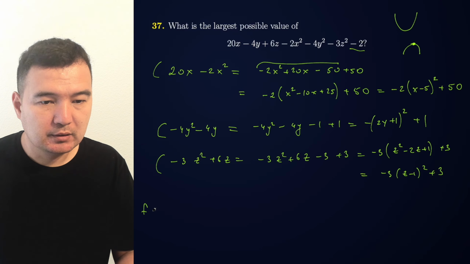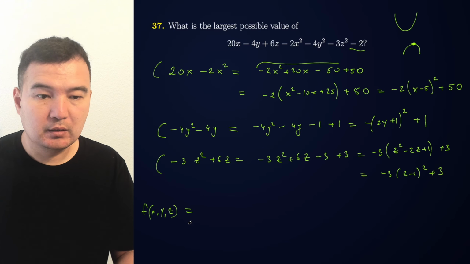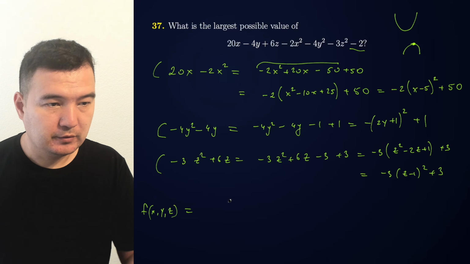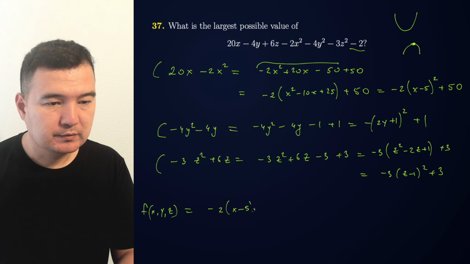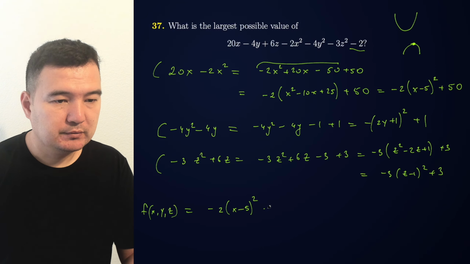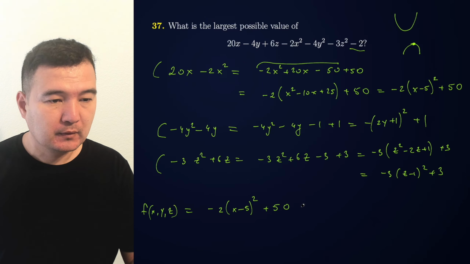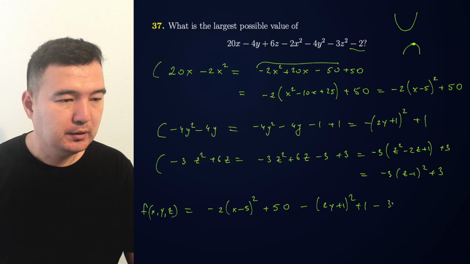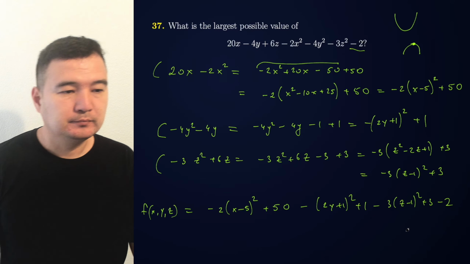So my function f of x, y, z now turns out to be the first: minus 2 times (x minus 5) squared plus 50, minus (2y plus 1) squared plus 1, minus 3 times (z minus 1) squared plus 3, minus 2, the final 2.